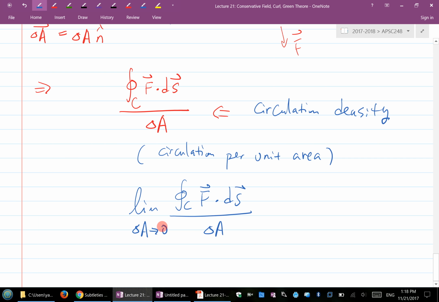Starting from the curve C with the n hat, you let this area go back to 0. It's infinitesimally small. What this gives is basically the circulation density at a point.